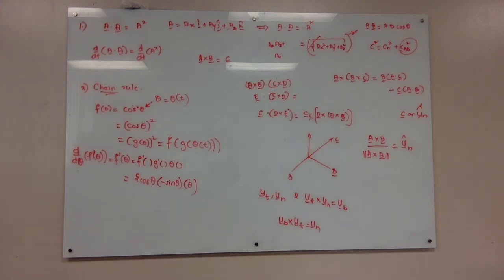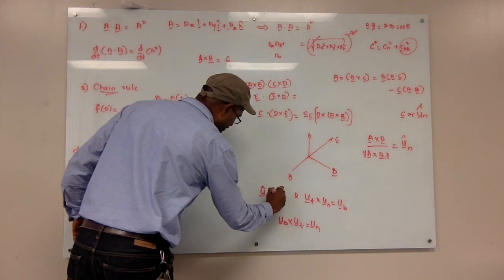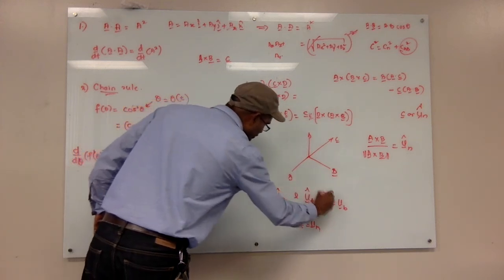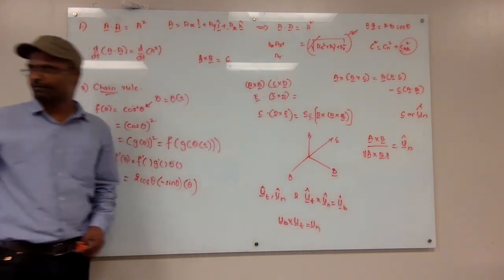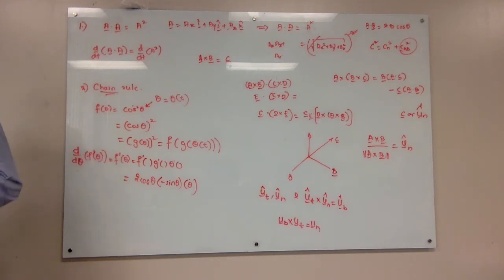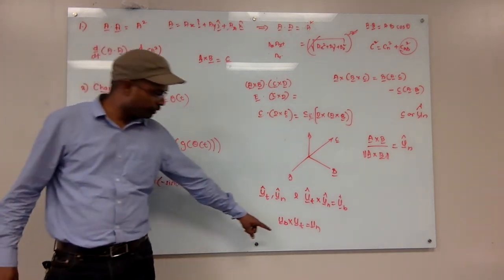They form an orthogonal basis. They form actually an orthonormal basis because these are unit vectors. Does it say they are unit vectors there? Yes. Okay. They form the orthonormal basis. So you can say I, J, K. How do you go about doing this?